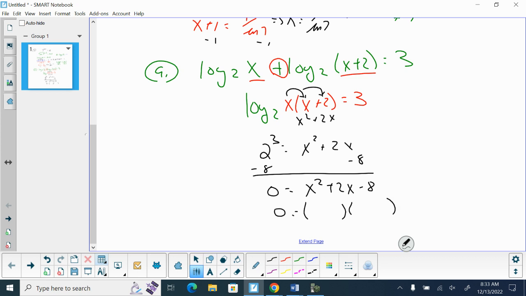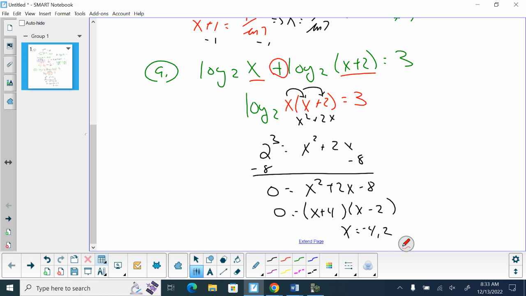Looking to factor that down, I have x plus 4 times x minus 2. So x equals negative 4 and 2. But then we have to take a look.